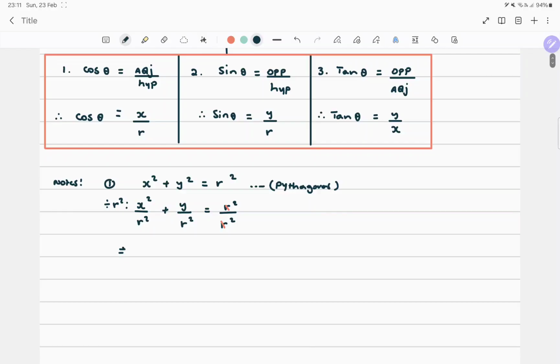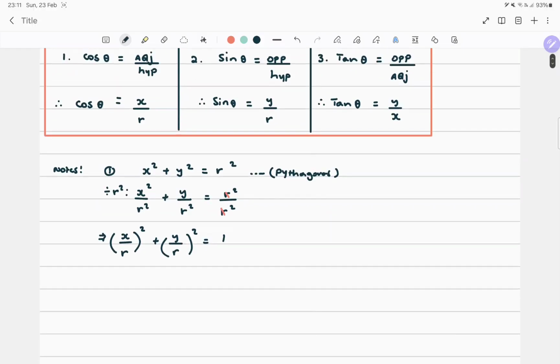So this implies that here we can simplify using exponent rules. So all of this gets to go to the exponent of 2, which is x over r squared plus y over r squared. This is equal to 1. Okay, I don't like when things don't align so well. So this is what we have. Okay, now what did we say?